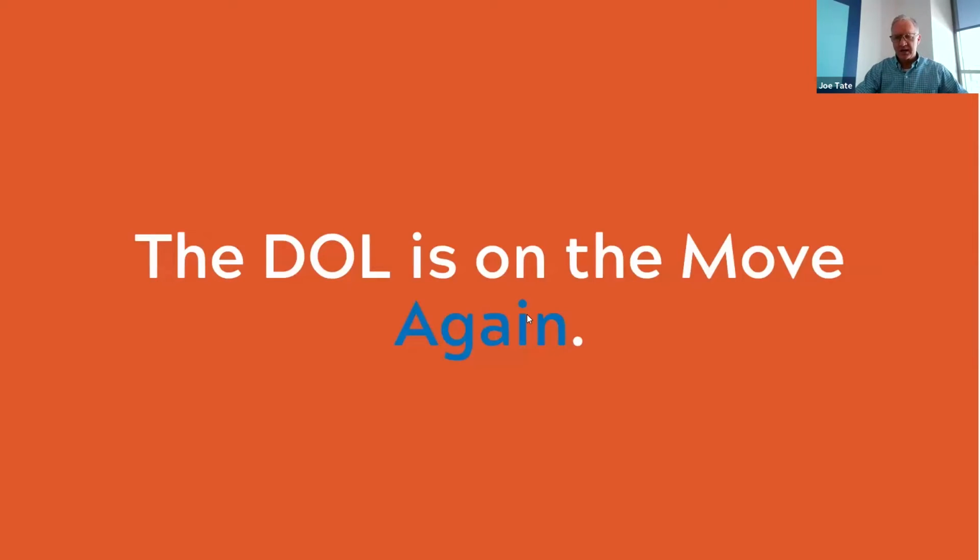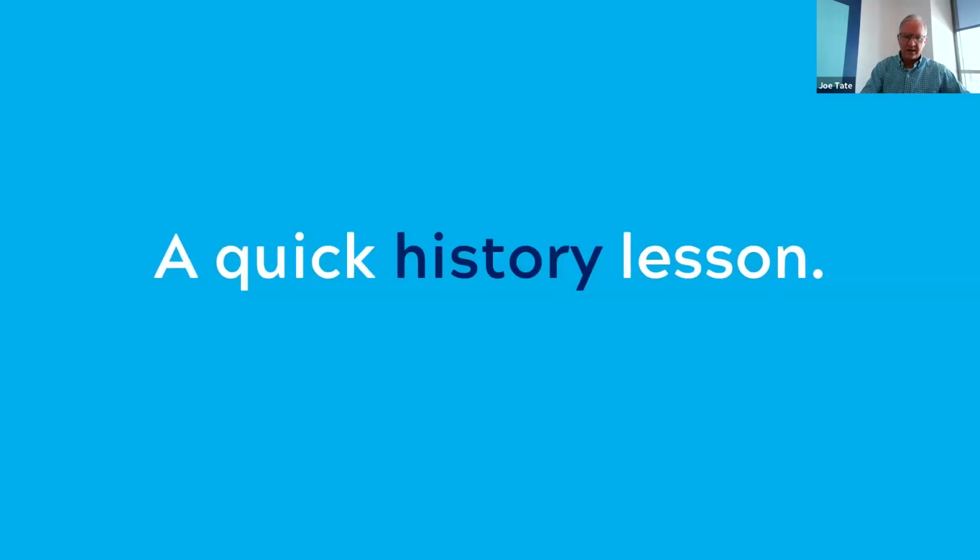And here's what's driving our call today: the DOL is on the move once again. I want to go through a quick history lesson, because it was only 6 years ago, of what happened last time. Will this be an indication of what happens this time? We'll see.